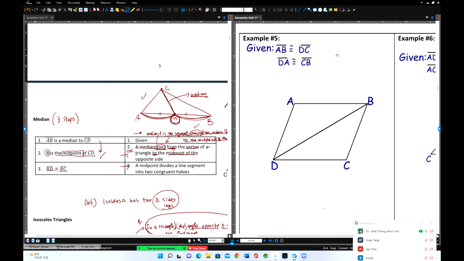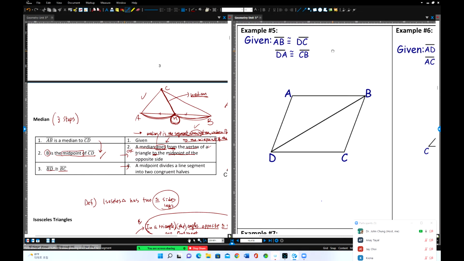I'm going to give this one to you guys. Try a proof over here. Decide which one you use, or change it later. Then you can prove this one.